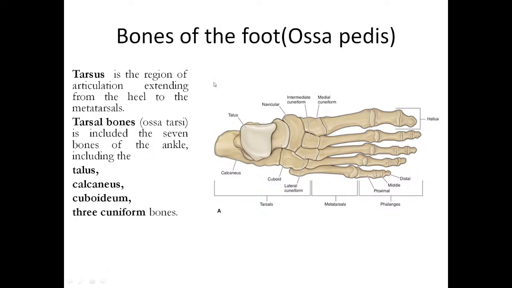And next, the bones of the foot, or pes. The tarsus is the region of articulation extending from the heel to the metatarsus.